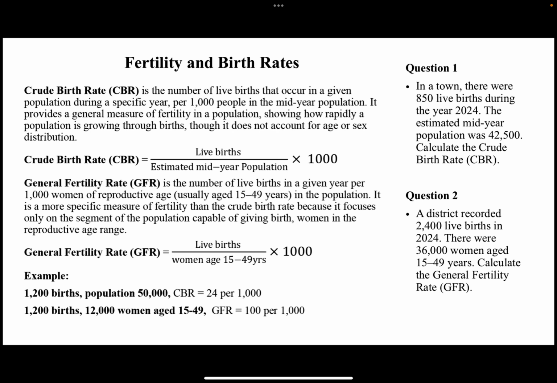Let's do question 1. In a town, there were 850 live births during a year. The estimated mid-year population is 42,500. Calculate the crude birth rate. Now, what is the live birth? The live birth is 850. Divided by, what is the estimated mid-year population? 42,500.